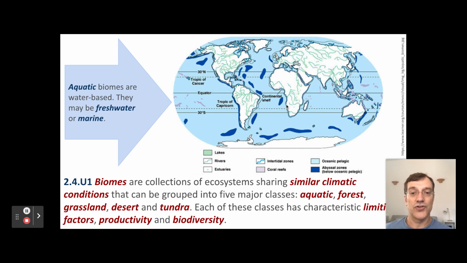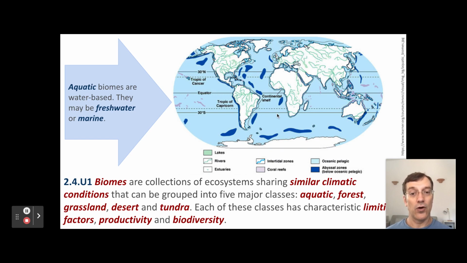Then in the ocean, our saltwater biomes consist of the intertidal zones, inter meaning between tides, so the zones between low tide and high tide right at your coastlines. The coral reefs, which you can see distributed in this little purple color at various places throughout the tropics around the world. Then the oceanic pelagic zone is this massive area of pale blue.